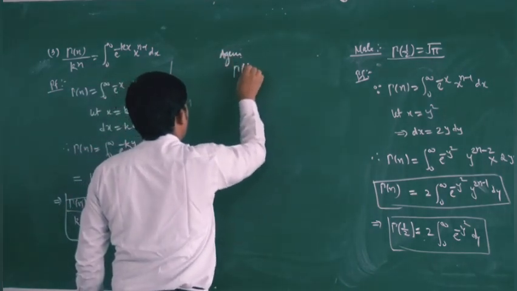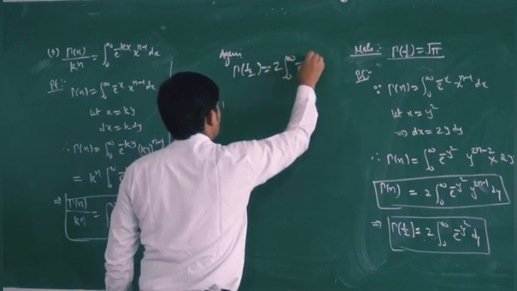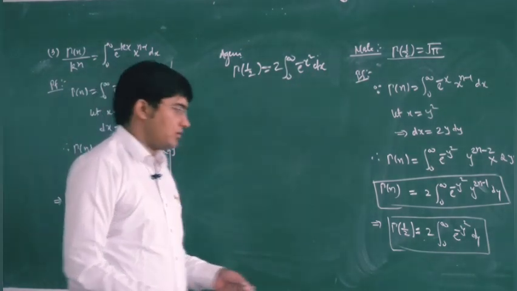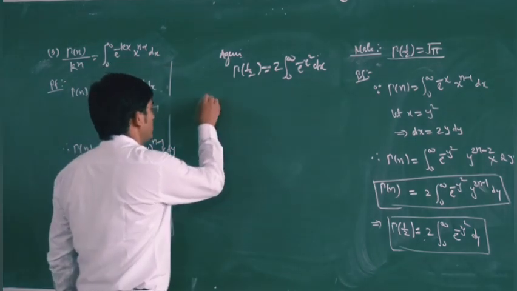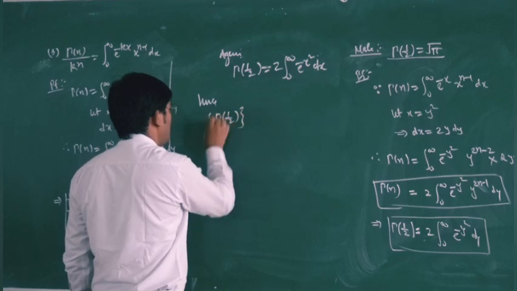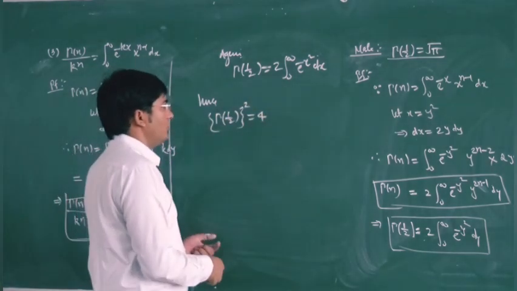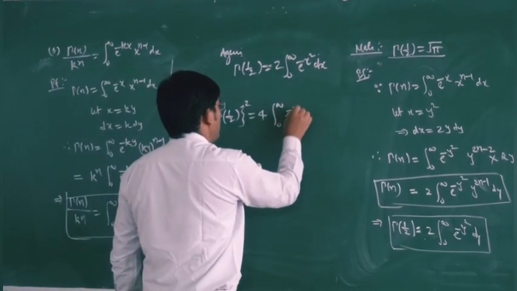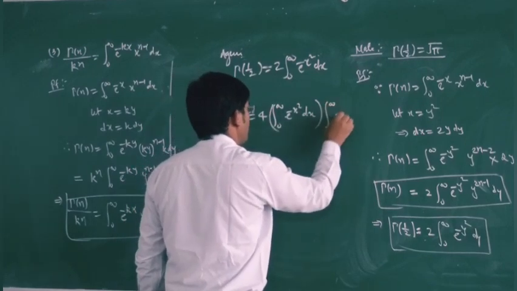we can write gamma half as 2 times integral 0 to infinity e power minus x square dx, because we can change our variable. Now if you multiply these two equations, gamma half whole square will be equal to 4 times integral 0 to infinity e power minus x square dx into integral 0 to infinity e power minus y square dy.